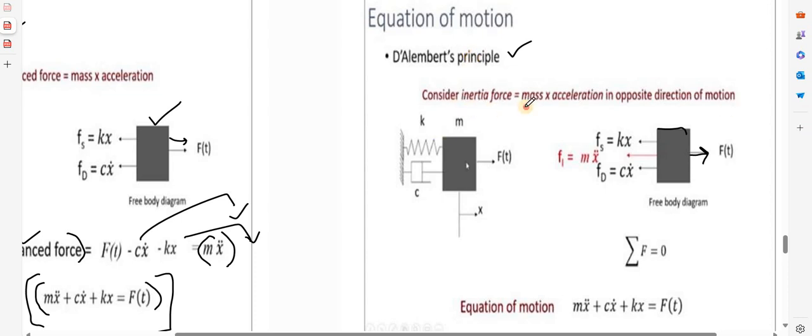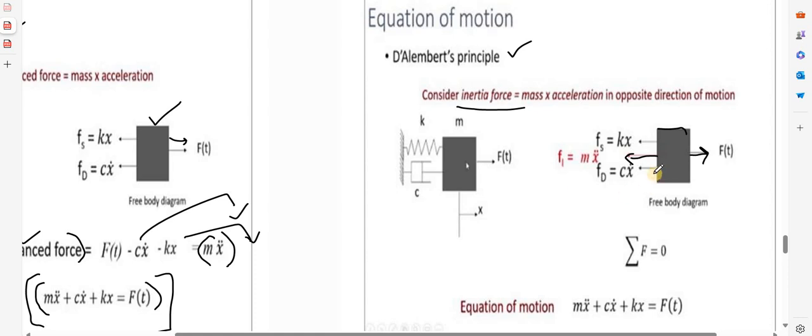That is known as the inertia force. That inertia force is equal to mass into acceleration. This red thing which I have written here represents the inertia force by D'Alembert's principle. Both ways you will get the same equation, but what is the difference?